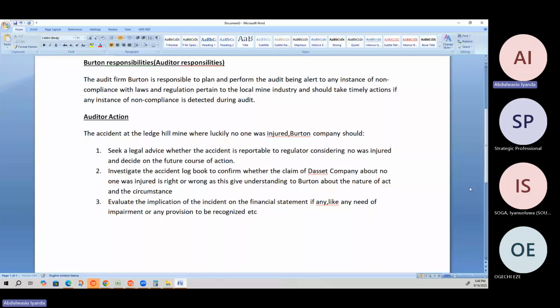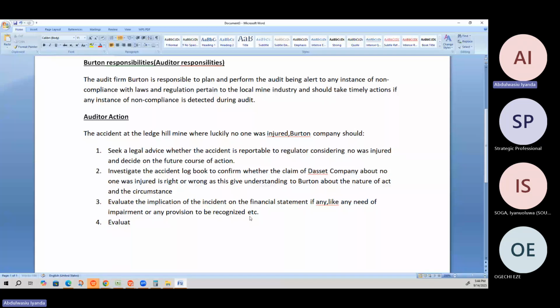Okay. I think someone hasn't made mention of another point. I can't remember. What else? Seek legal advice. This one is like documentation. Seek legal advice. Evaluate the implication. Another thing we can also look at is to evaluate the audit report.